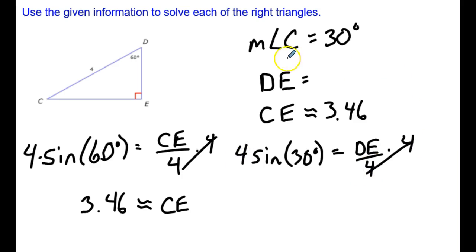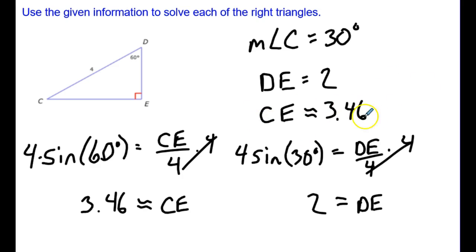Now if we type that in on your calculators, you will get that DE is equal to 2. We get an exact value for that length. So now we have all three angles and all three side lengths. So we have solved this right triangle.